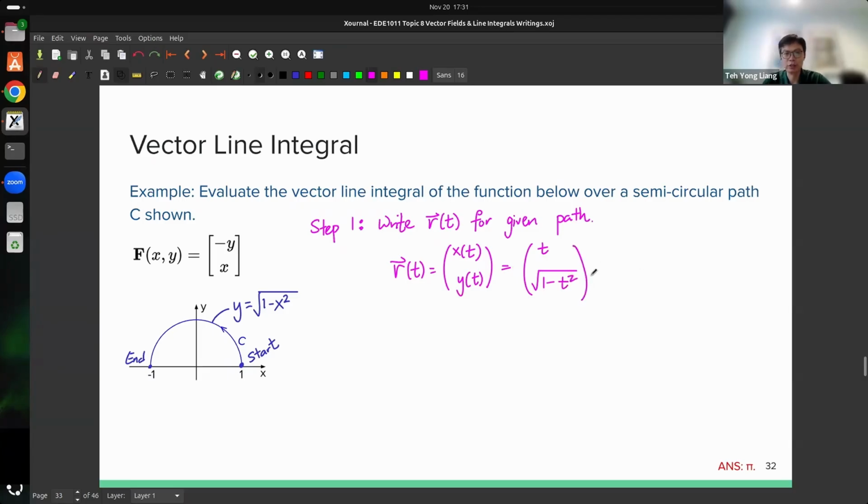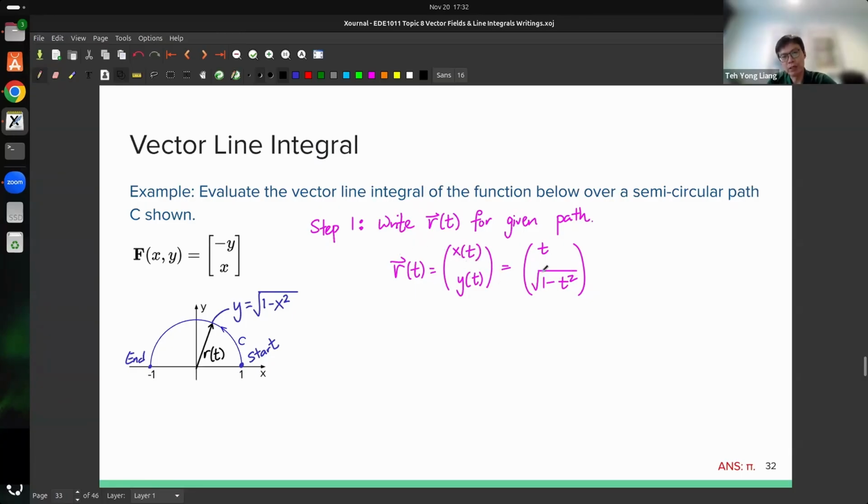No choice, because your y has to be given by the curve C, pointing to the path. So this is your R of t. x is t, then y must be root of 1 minus t squared. So your R will be tracing the path. No problem.